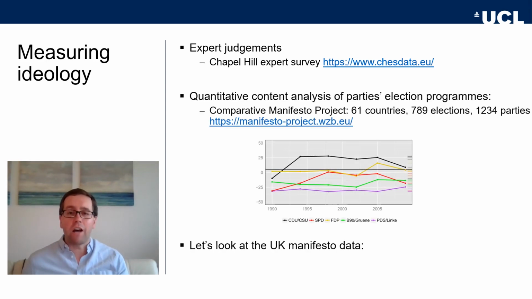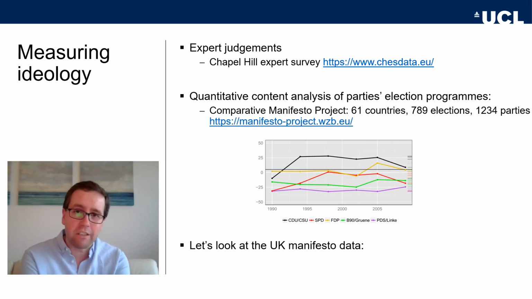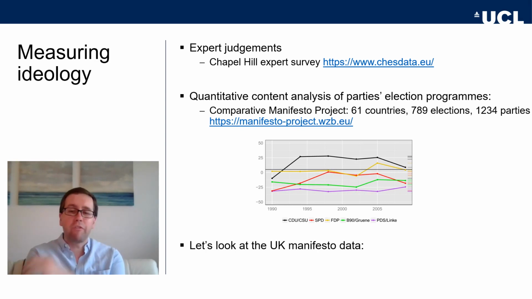There are, however, other methods as well. One of the workhorse methods for estimating party positions uses manifesto data. Basically, parties before elections publish manifestos, and there they say certain policies that they want to implement, and they wax lyrically about the society they want to achieve. And then there are methods to estimate party positions from this, either through human coding or through machine learning text analysis methods.